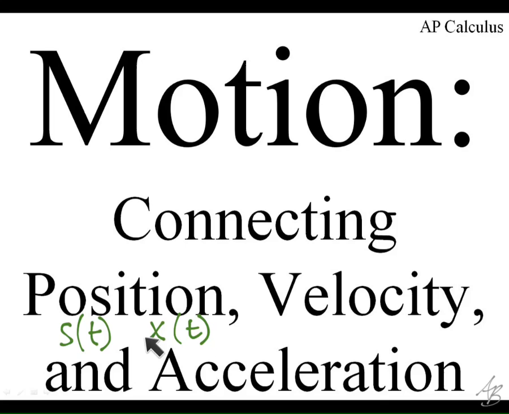But more important than the variable we use, what happens when position changes? So if I move from one position to another, what happened to my velocity and my acceleration? They're changing, right? Okay. If I'm standing still and my position is not changing, then what's going on with my velocity?